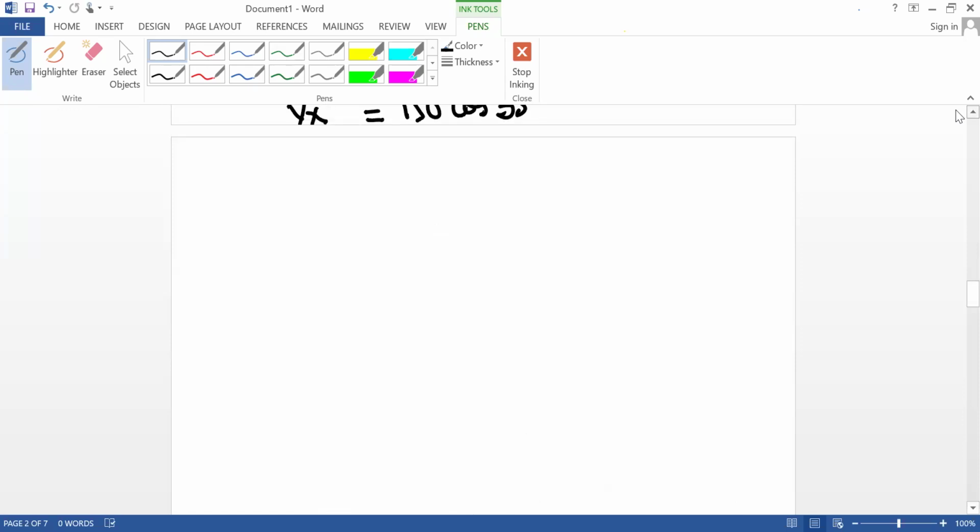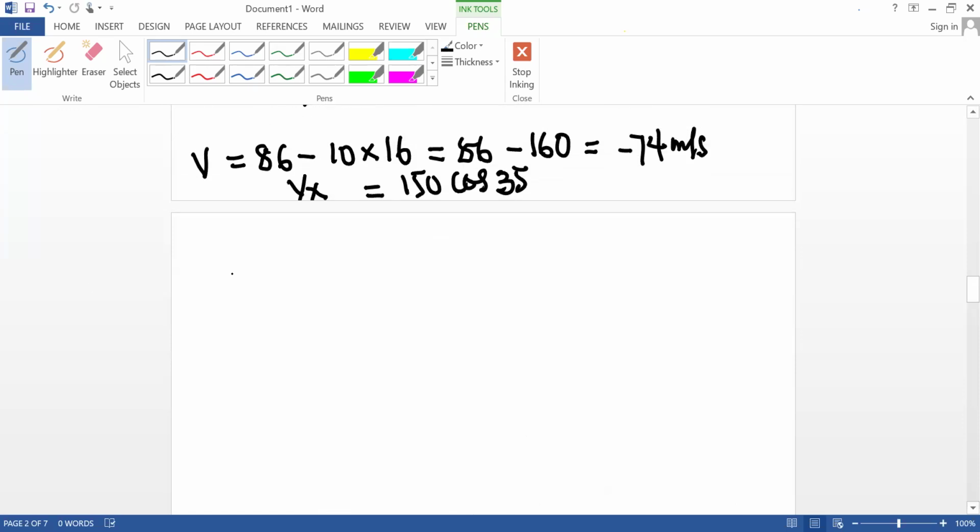And so using the same analogy, initial vertical is 0. That is when it is falling. The time difference from the maximum height would be 8.6, because the time of flight is 17.2.